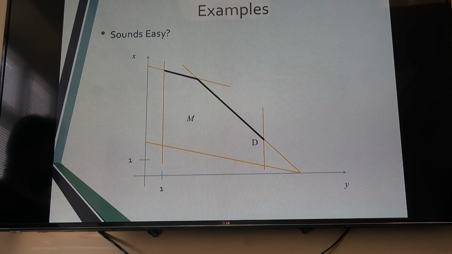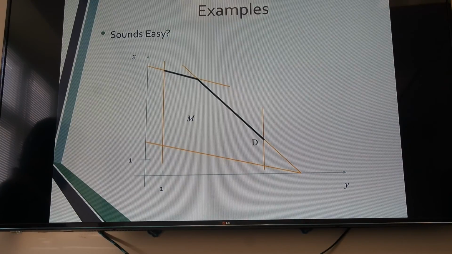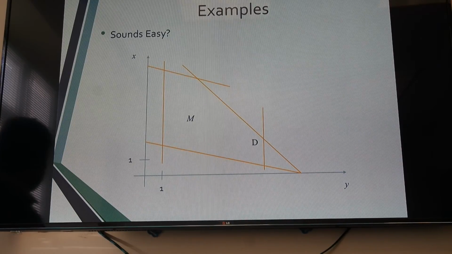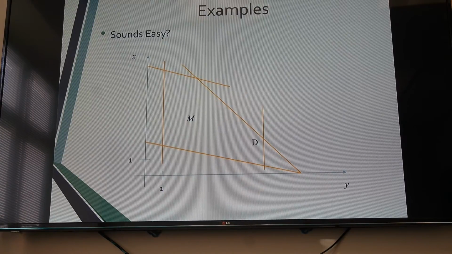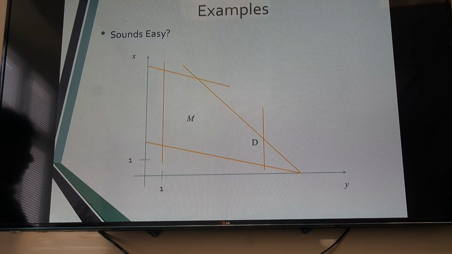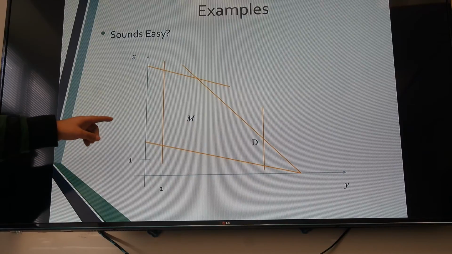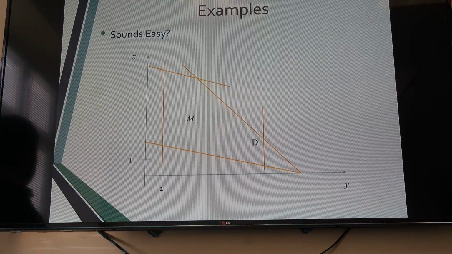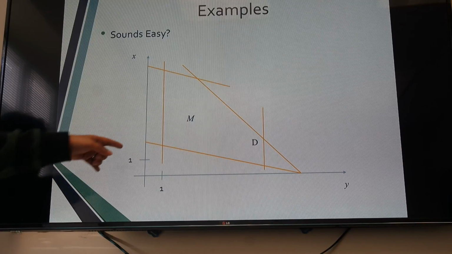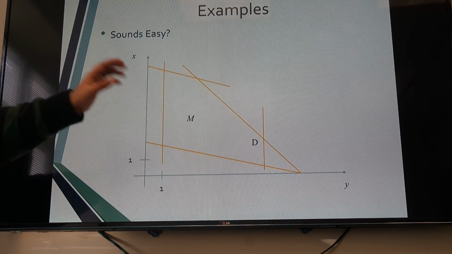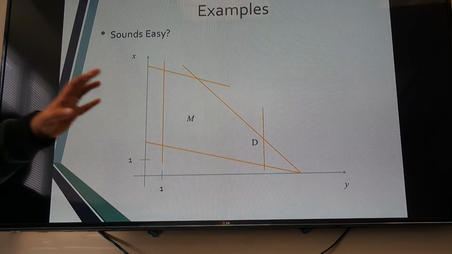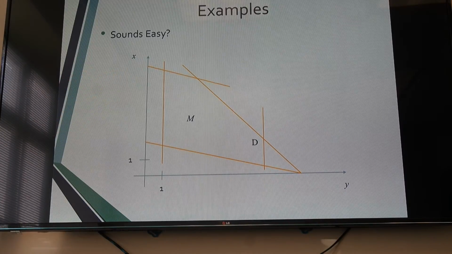Okay, so when you draw all the constraints, the feasible region that you will get is the feasible region M. Before solving anything, before solving the lower problem or the upper problem, this is the feasible region that you will get. If you consider all the constraints, lower level, upper level, all together.